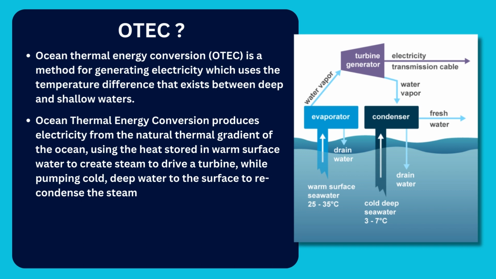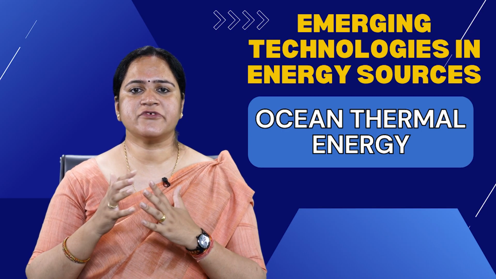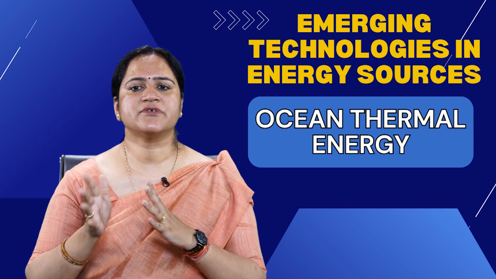We use the heat stored in warm surface water to create steam to drive a turbine, while pumping cold, deep water to the surface to recondense the steam. The temperature difference between warm surface water and cold deep water should be greater than 20 degrees centigrade for any ocean thermal energy conversion system to produce a significant amount of power. Why? Because we are generating power from the temperature gradient only.